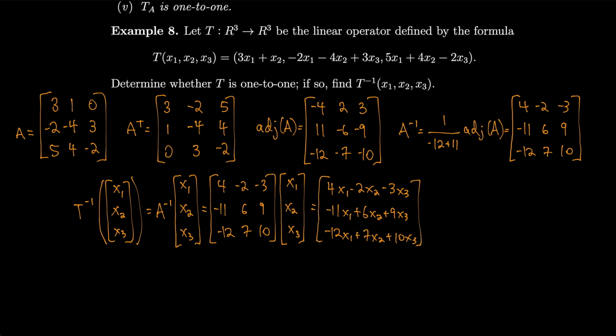So we have found a formula for T inverse of x1, x2, x3, which we can rewrite in the same fashion as they wrote T in, to be 4x1 minus 2x2 minus 3x3, minus 11x1 plus 6x2 plus 9x3, minus 12x1 plus 7x2 plus 10x3.